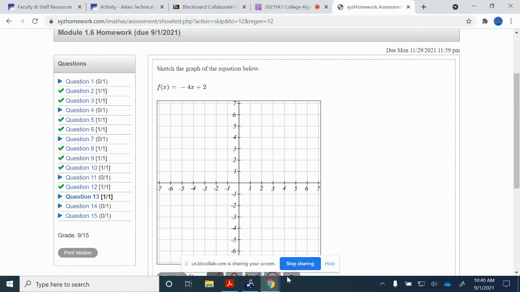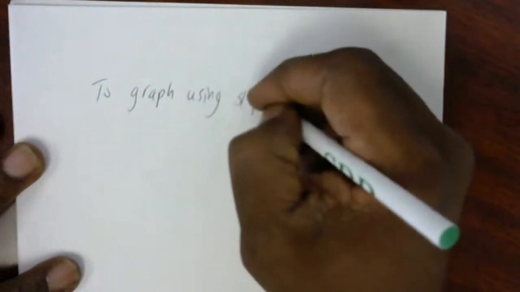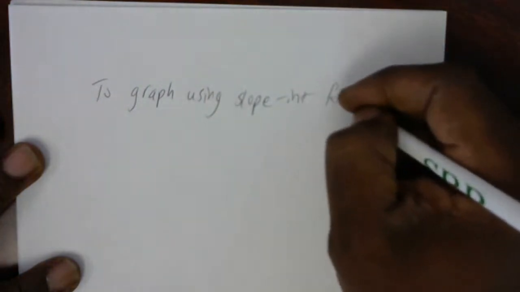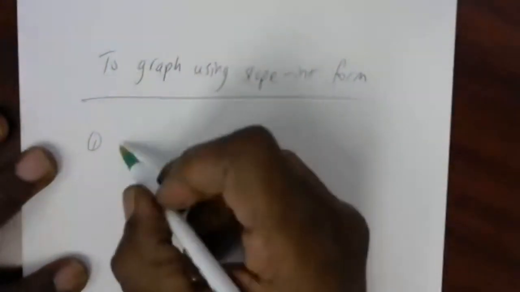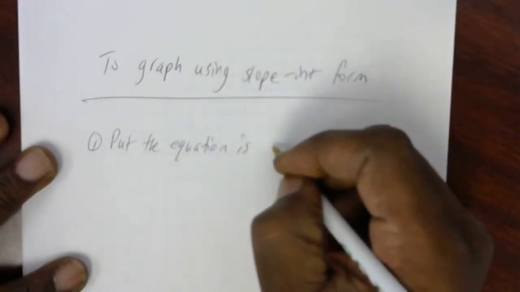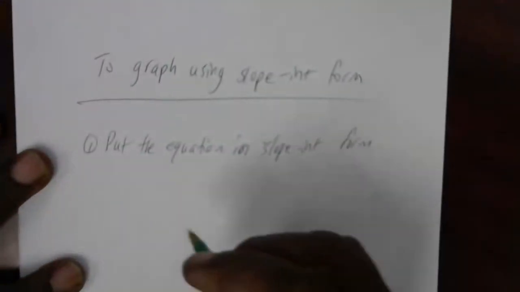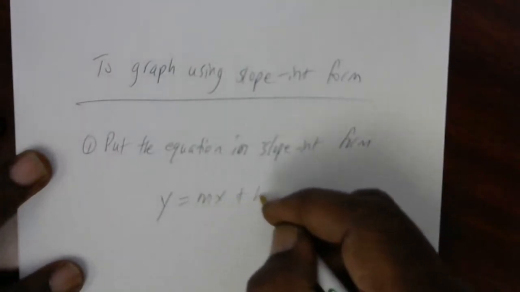In order to graph an equation that is in slope-intercept form, there are basically 3 steps. To graph using slope-intercept form, the first thing we have to do is put the equation in slope-intercept form, which is y = mx + b.